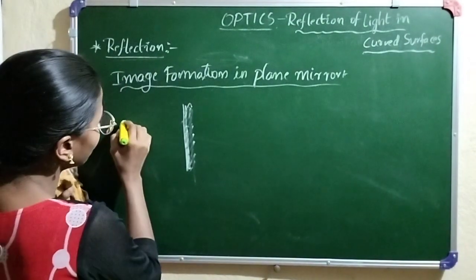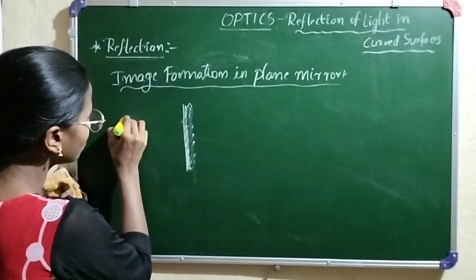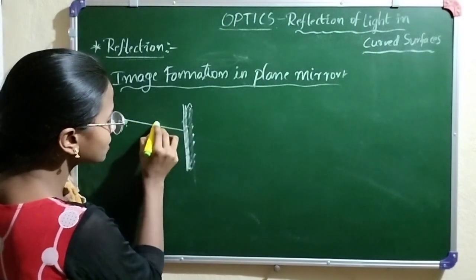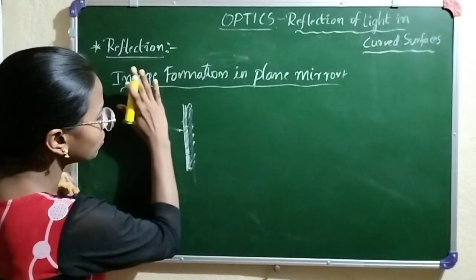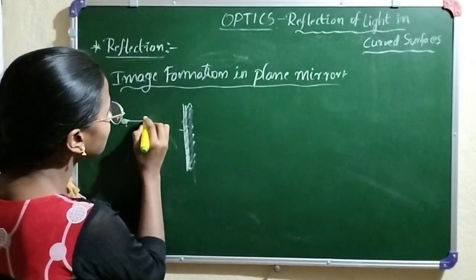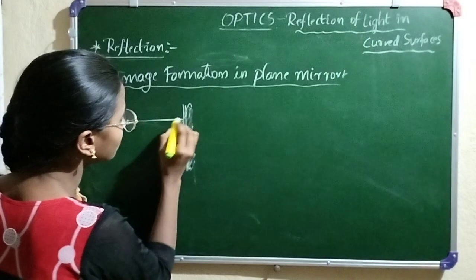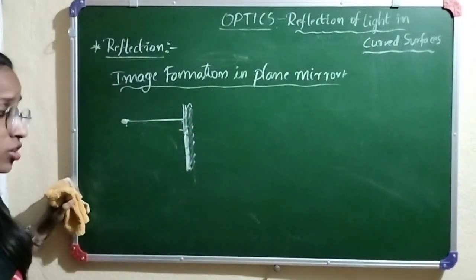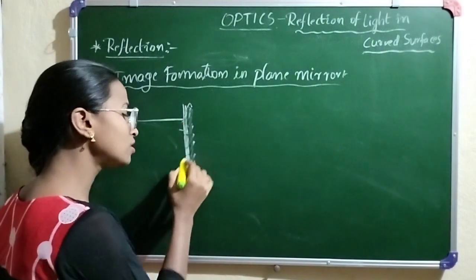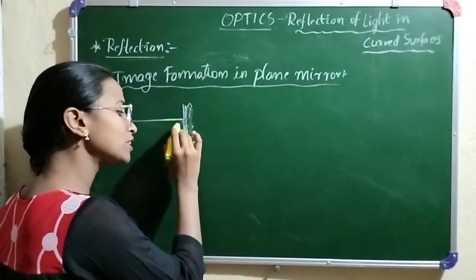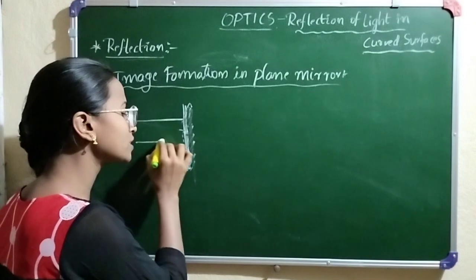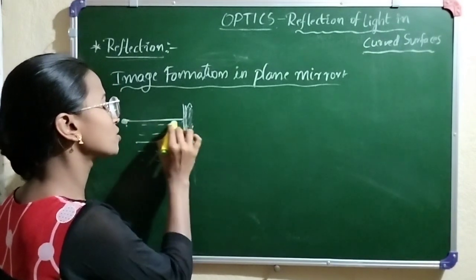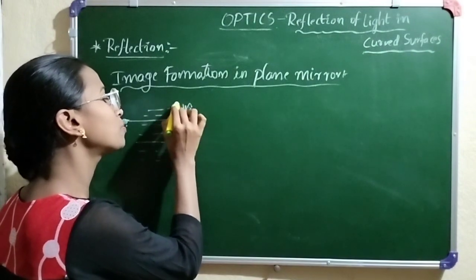Suppose I am keeping an object here, object dot. From this dot, one line is one incident ray. If you observe, no light ray will pass directly straight like this, because in the textbook they also do not give it like that. Why? Because for this plane mirror, there are many normal lines we can draw, which means a normal line should be perpendicular to the surface.